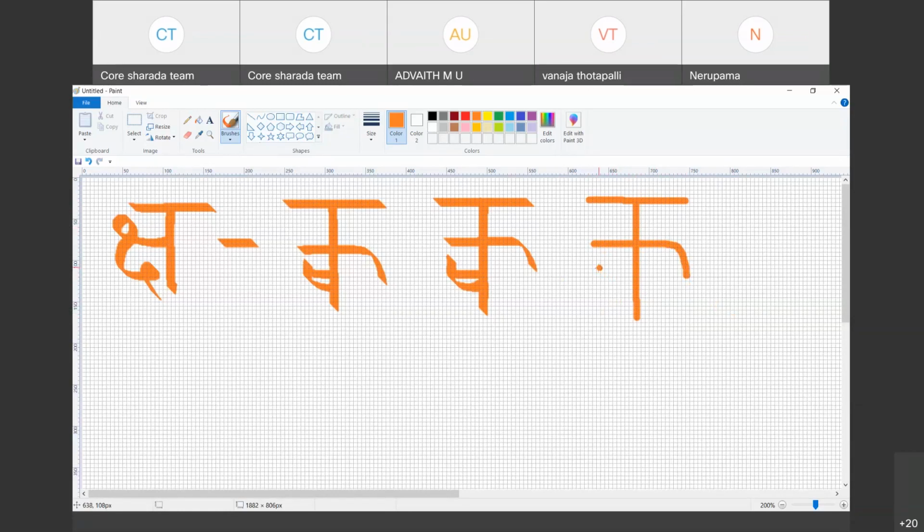Then from here again we will draw this here and a horizontal line in between. Okay, so this is Ksha. Now I'll just draw lines on it so that you know how you're going to place it in your notebooks.